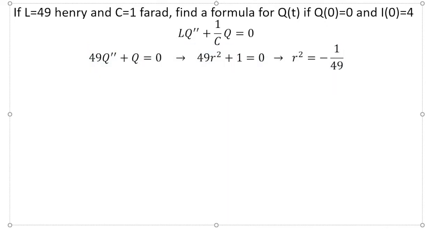And the square root of 1 over 49 is 1 over 7. Square root of -1 would be plus minus i. So you get the value of r equals -1 over 7 i, actually plus or minus.